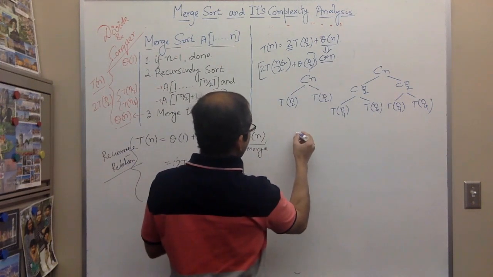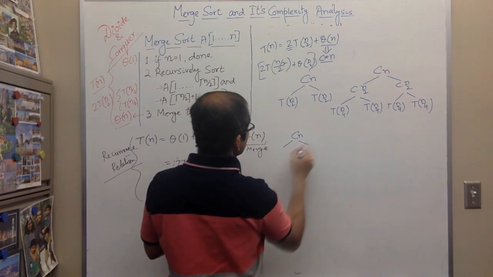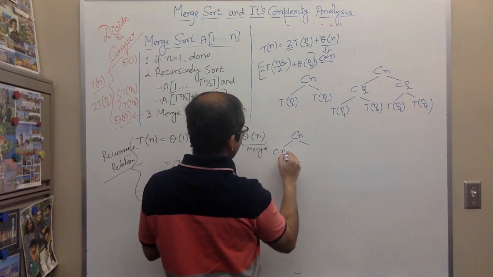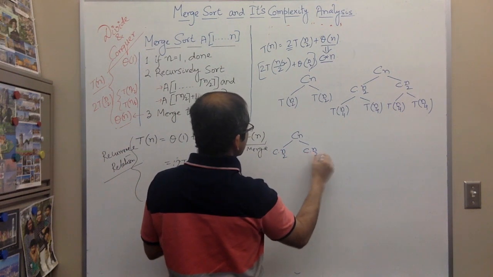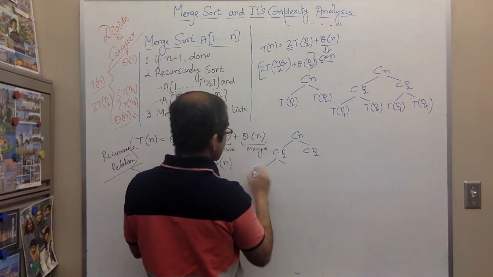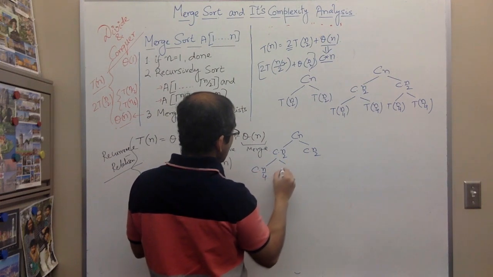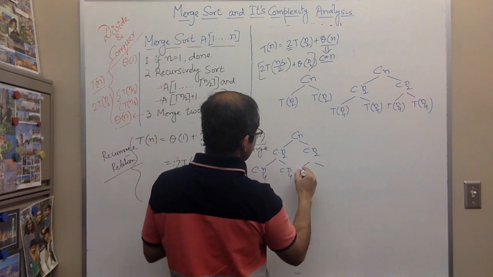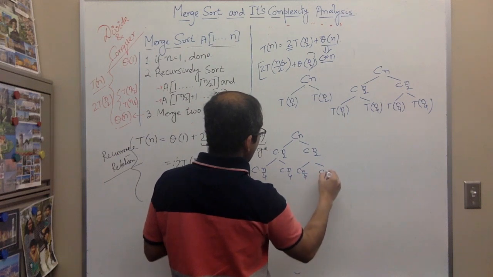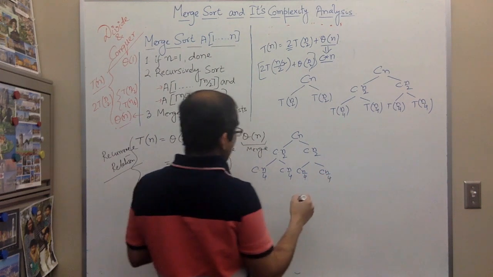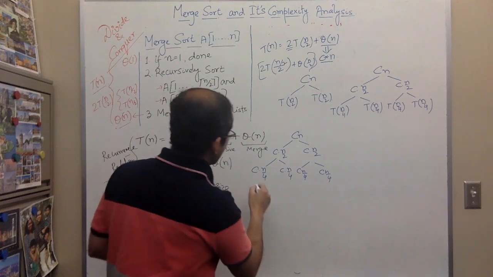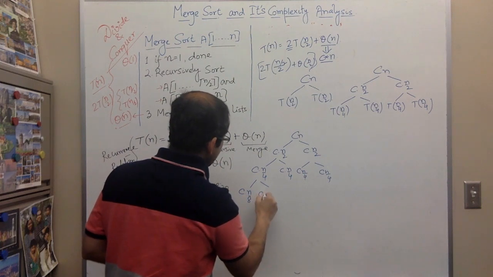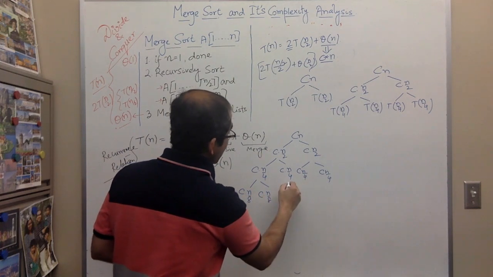If you continue doing that, you will find cn has two subproblems, T of n by 2, which is now replaced with cn by 2 and cn by 2, which will each be divided in two parts, cn by 4 and cn by 4. Then if we go on, it will be c times n by 8, and in that way for each of them.